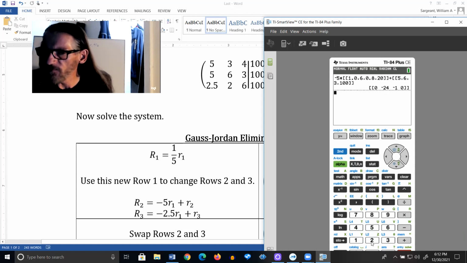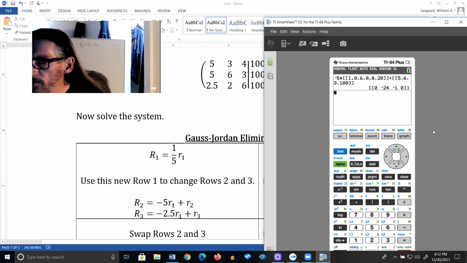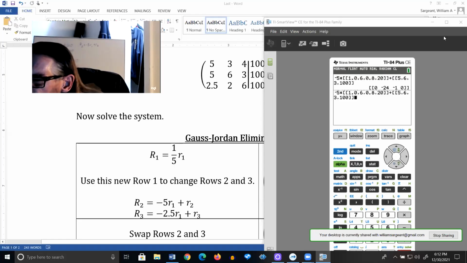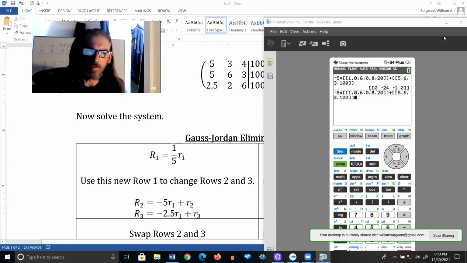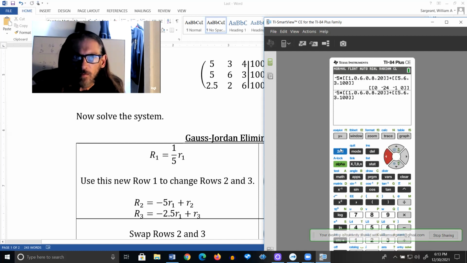See if I can figure out what happened. Looks like I have a decimal point between the 1 and the 0.6. See if I can fix that. So the comma.